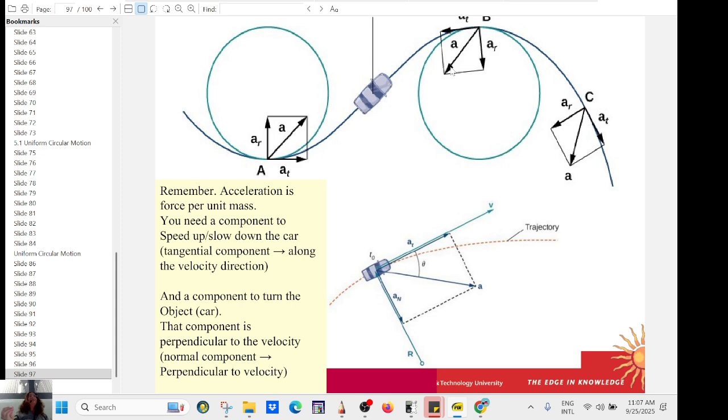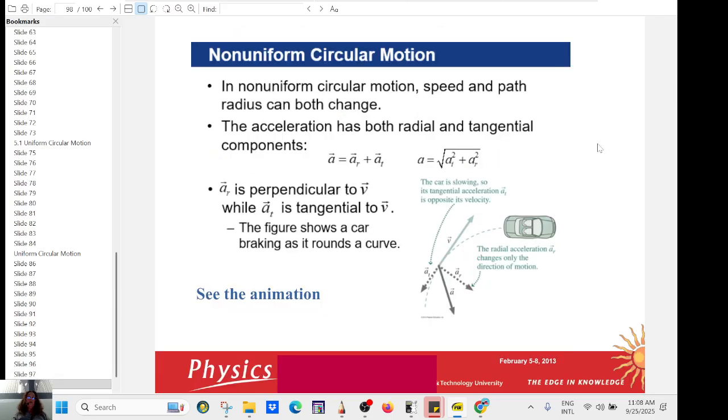But mathematically, to solve problems, it's easier to decompose the acceleration into two components with two different jobs. And then here you have another curve, so you have this one and that one, it's still speeding up. Is that clear? So it's a question on the pop quiz today.